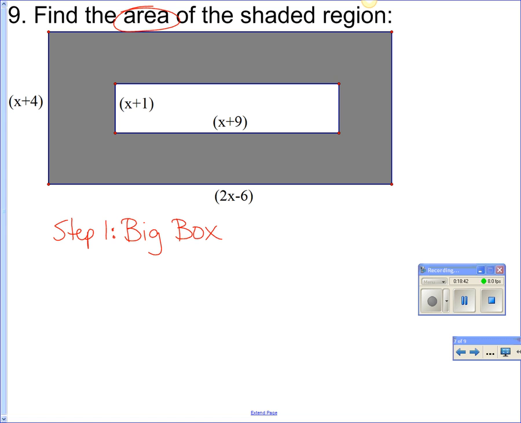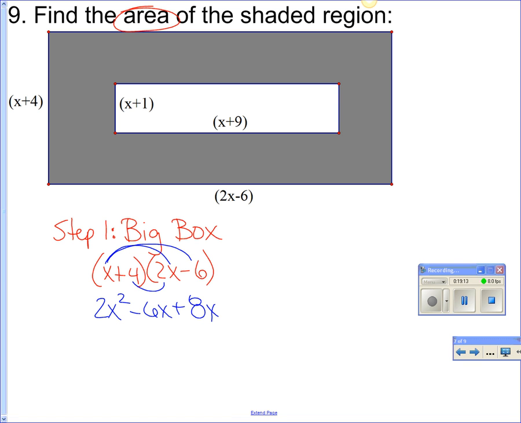Okay? So, x plus 4 times 2x minus 6. Area means to multiply. So we're going to multiply x plus 4 and 2x minus 6. Okay, so we know how to do this. X times 2x, anybody? 2x squared. X times negative 6. Okay. 4 times 2.